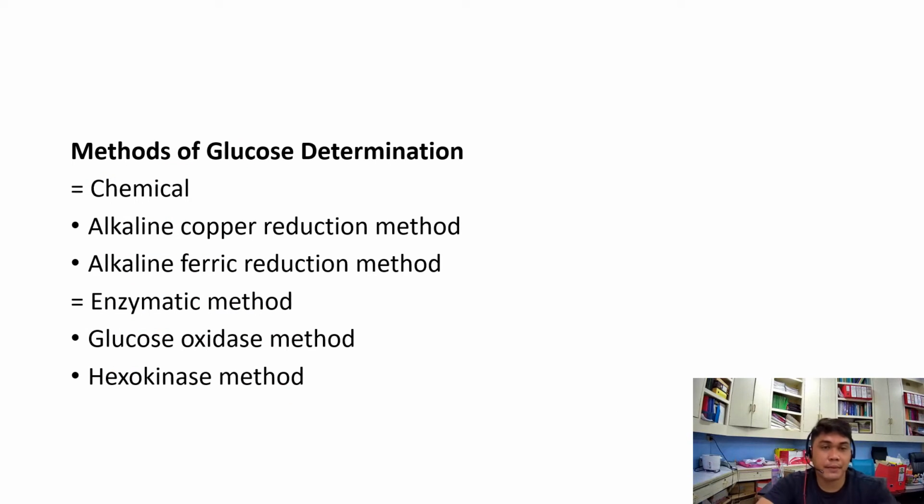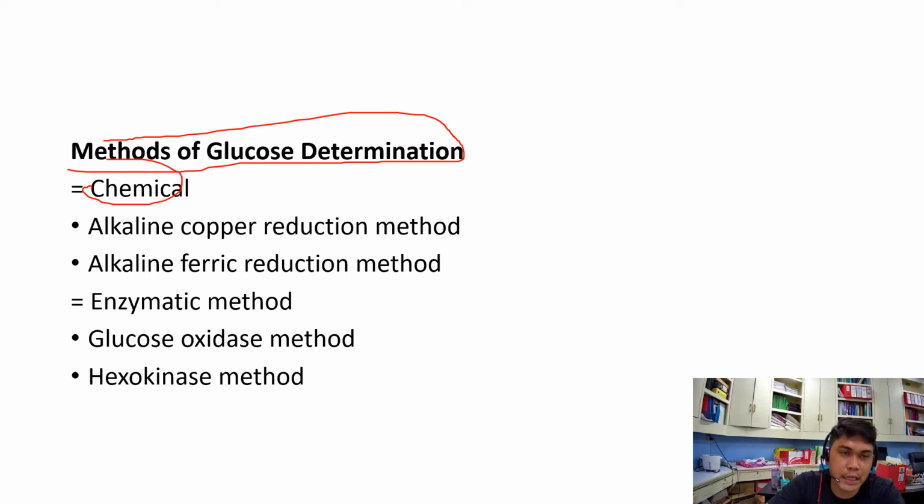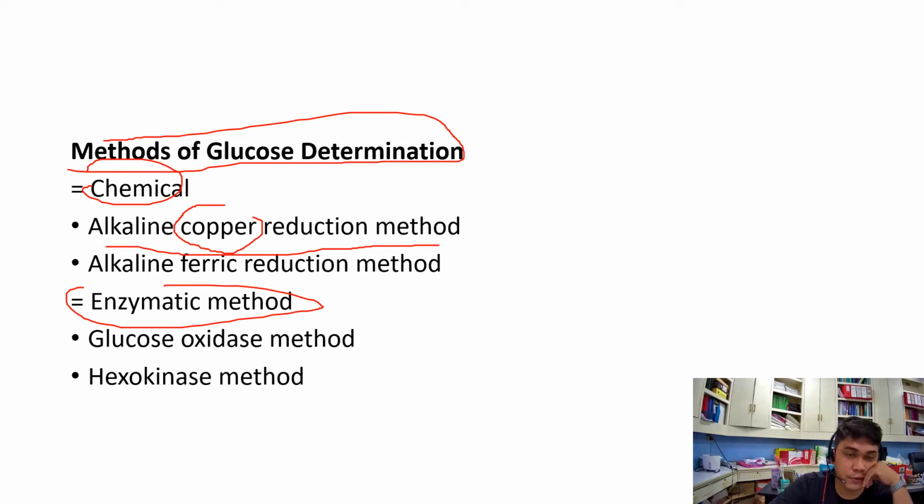Then next, you have methods of glucose determination. I think it's already discussed in your laboratory class. For methods, you have chemical and enzymatic. For chemical, an example is the alkaline copper reduction method. You have the reduction of cupric to cuprous ions because glucose is a reducing sugar.